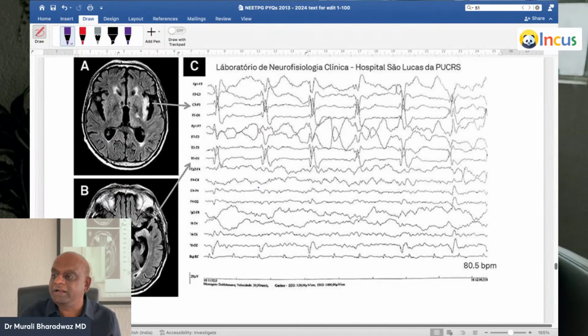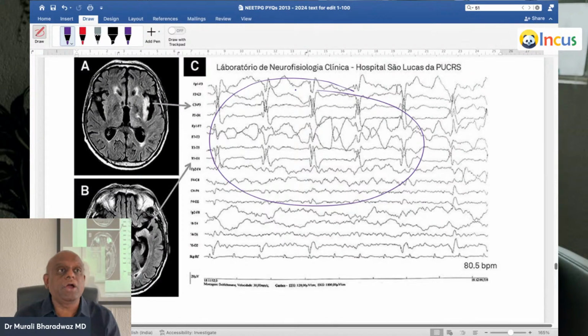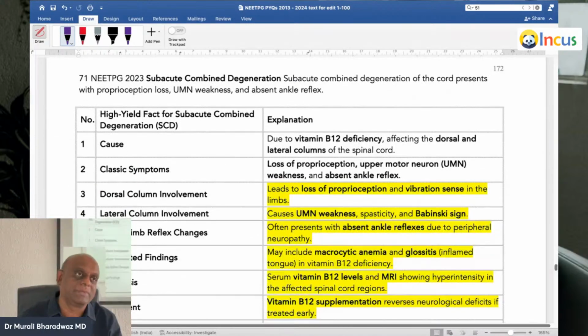And what do you see, doctor, whenever you are having HSV encephalitis? Periodic spike and wave pattern, periodic waves they are called, are the ones which you will typically see.